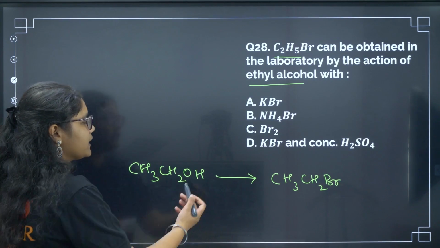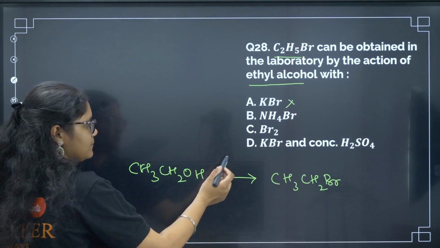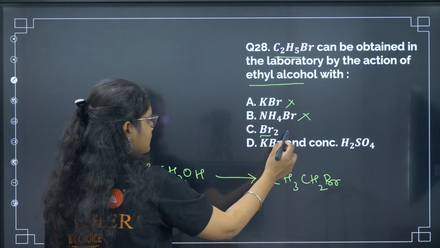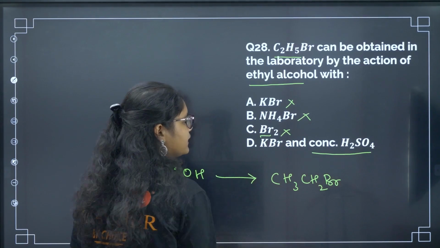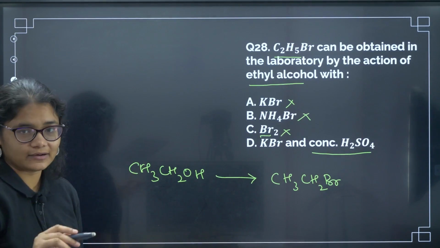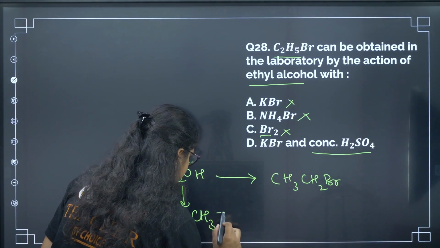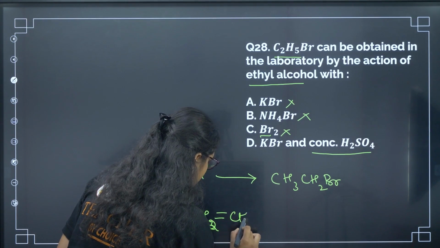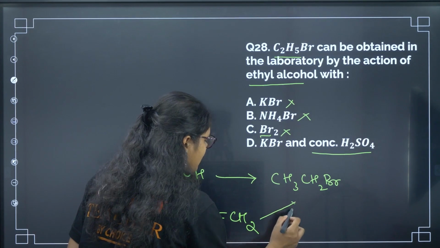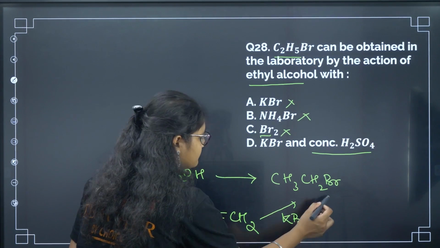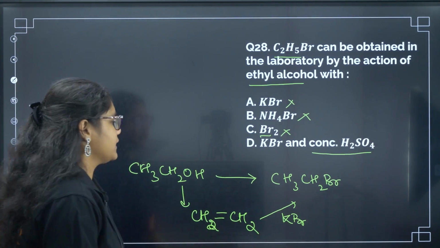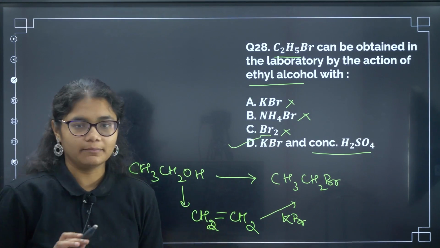If you see, only KBr cannot replace here. NH4Br cannot do, Br2 cannot do, but if we take concentrated H2SO4, first it will do dehydration. When you treat it with concentrated H2SO4, we will get ethene molecule here, and then when you add KBr, bromine can be added. So the correct answer for this question will be option number D.